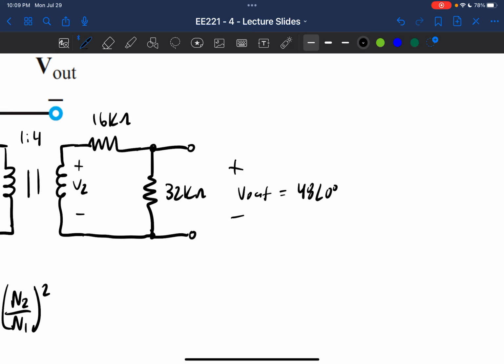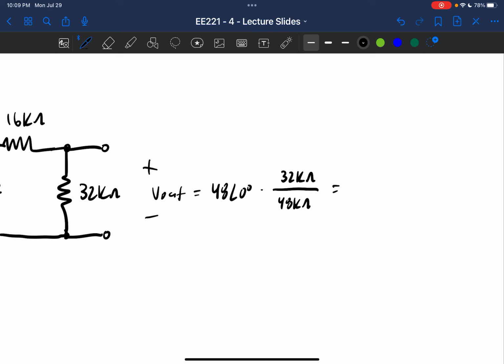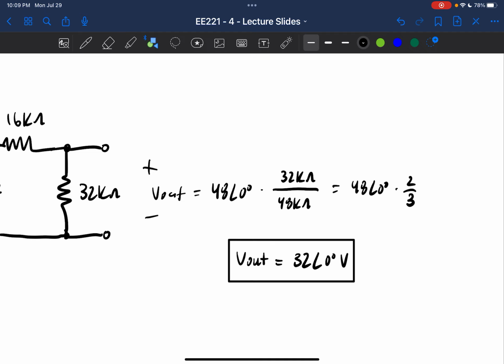So I can say 48 angle 0 times 32 kilo ohms divided by the sum of those two, which is 48 kilo ohms. That is equal to 48 angle 0 times 2/3, which is exactly what we got in the previous case. And so I can say that V out is equal to 32 angle 0 degrees volts, which is exactly what we got last time.